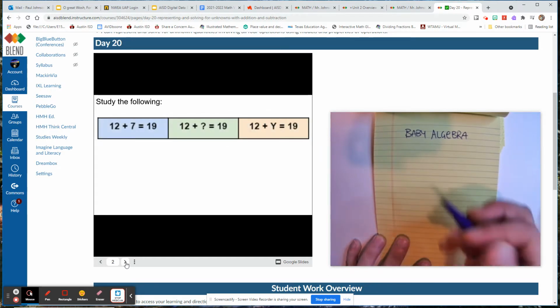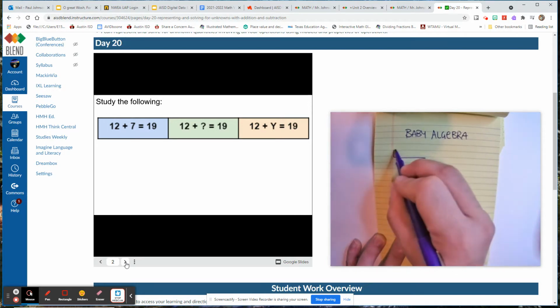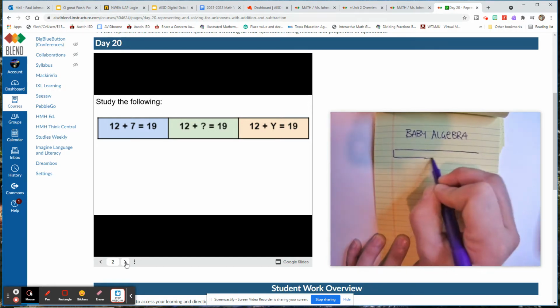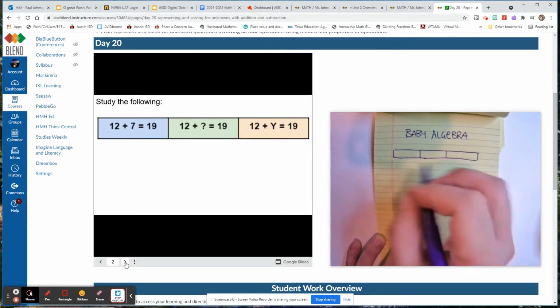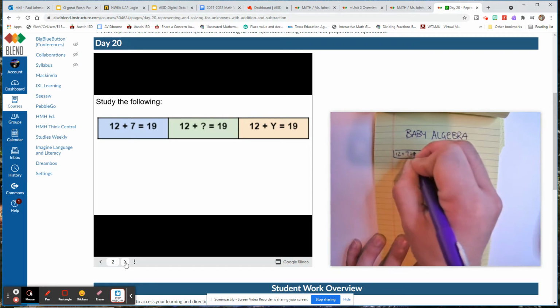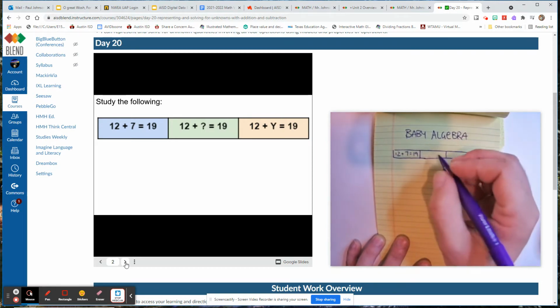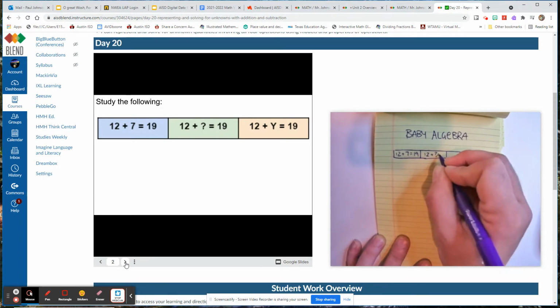So study the following. What they've done here is give us basically 3 examples of the same problem. We've talked about this in class. Basically, you've been looking at algebraic concepts since you were little, but they used question marks instead of letters.